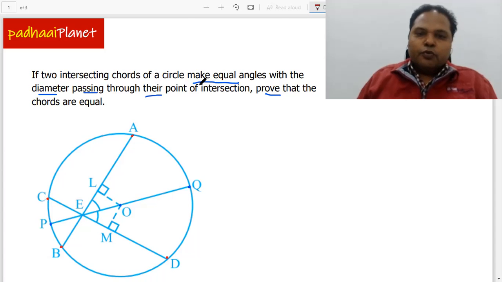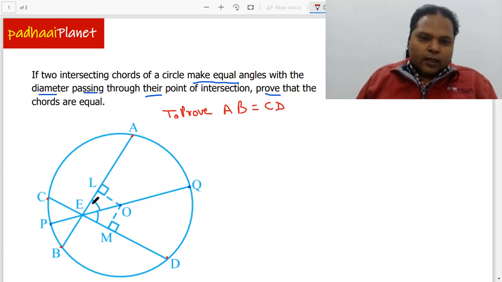Now what we need to prove is that AB is equal to CD, and it's given that these two angles both are equal to each other. All right.